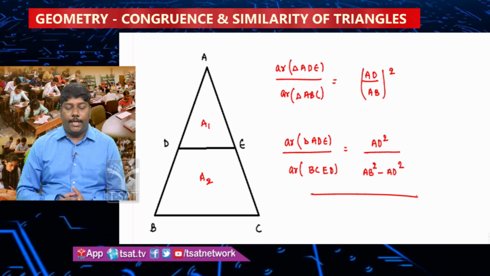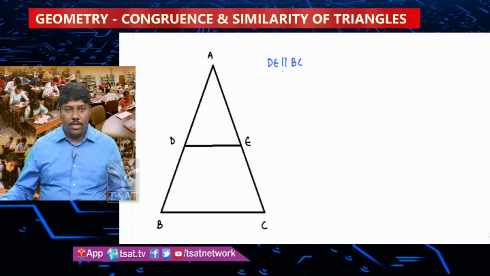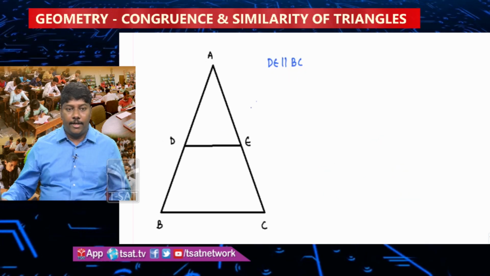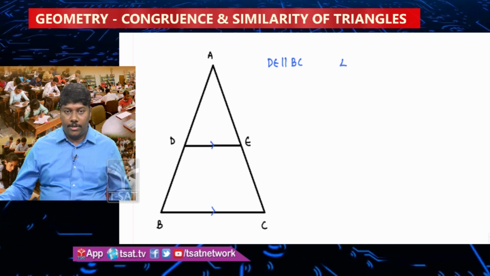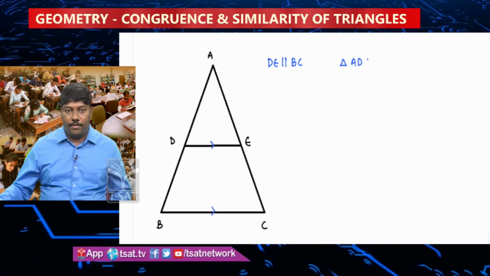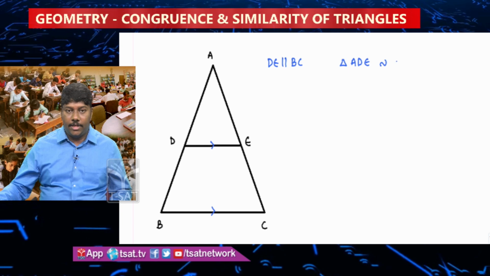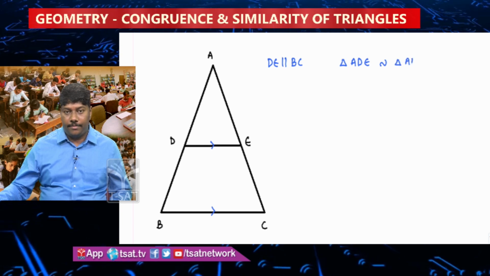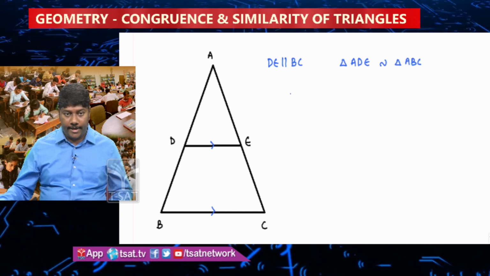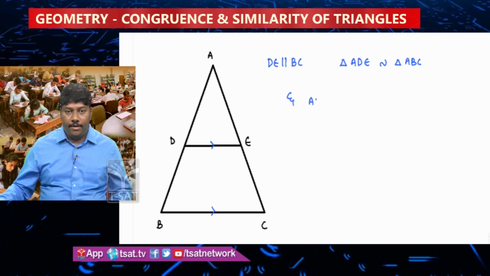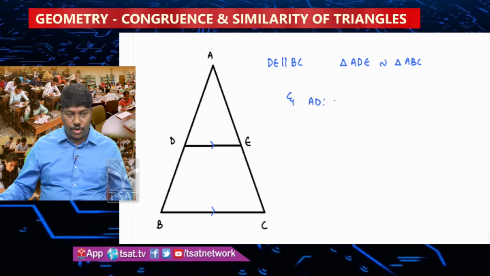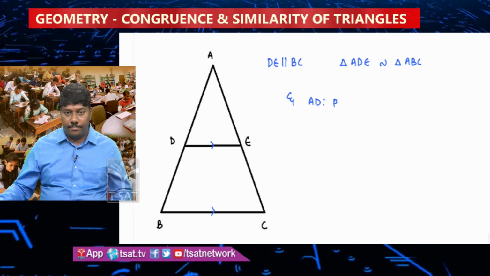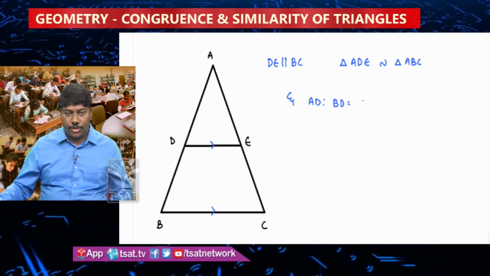Let me give it with an example so that you can understand better. The moment you say DE is parallel to BC, we know the triangle ADE is similar to triangle ABC, and I am giving AD is to DB is 2:3.